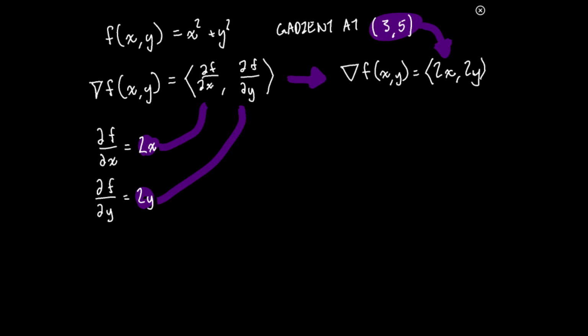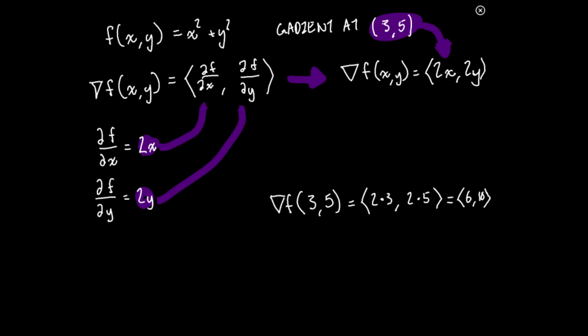And that's going to give us that the gradient of f of 3, 5, because that's our point, is equal to 2 times our x component, so 2 times 3, and then 2 times our y component, so 2 times 5, which is just equal to 6, 10.